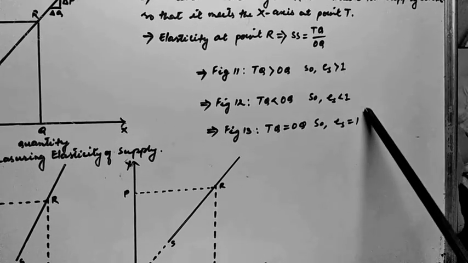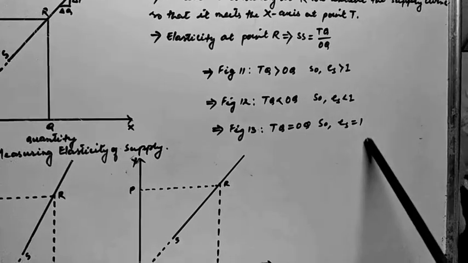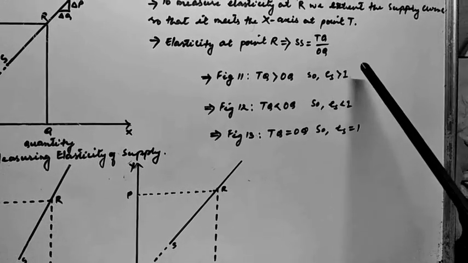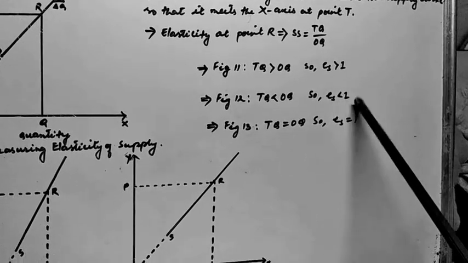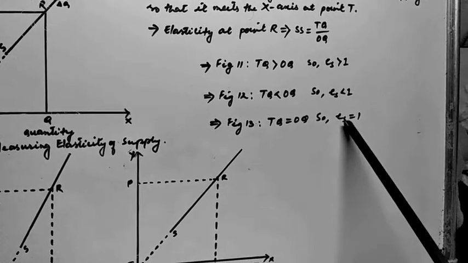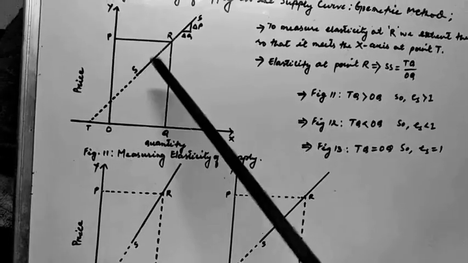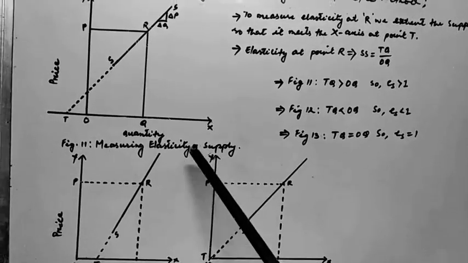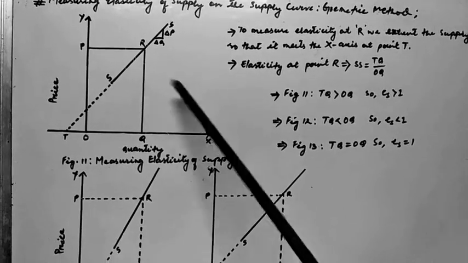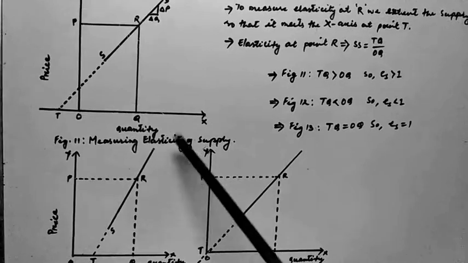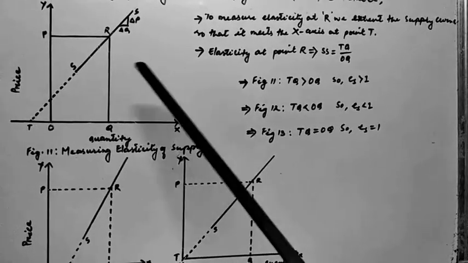So those are the three conditions that we have in the elasticity of supply: elasticity greater than 1, elasticity less than 1, and unitary elasticity, where elasticity of supply equals 1. These are the three different cases of elasticity of supply, and we have just discussed how we got the different cases.